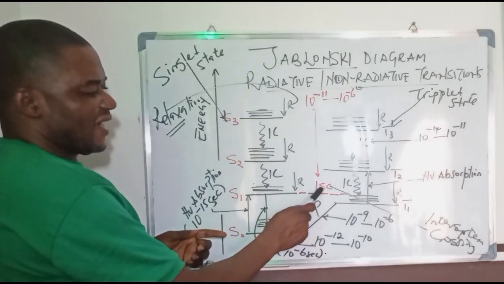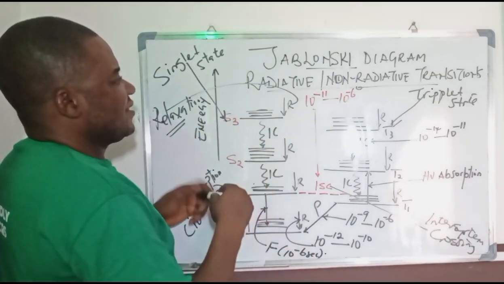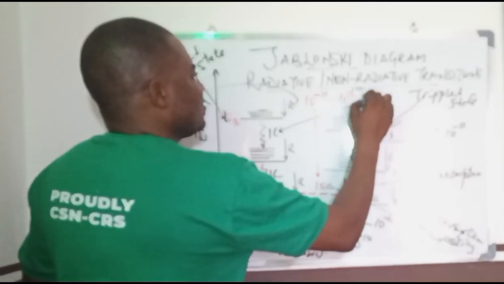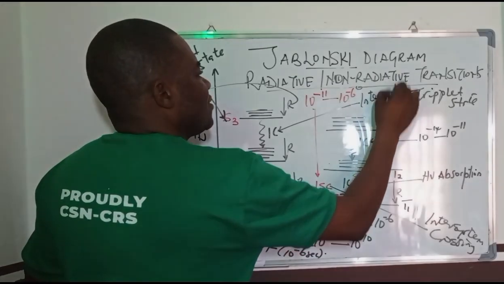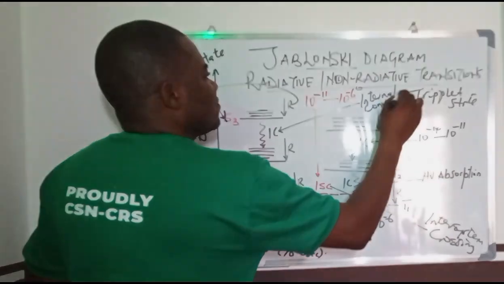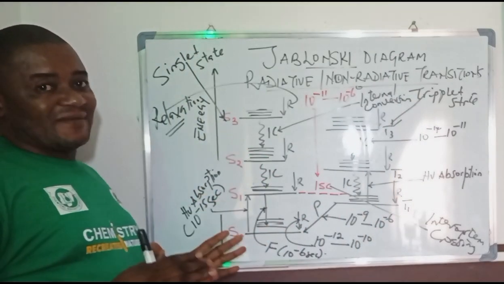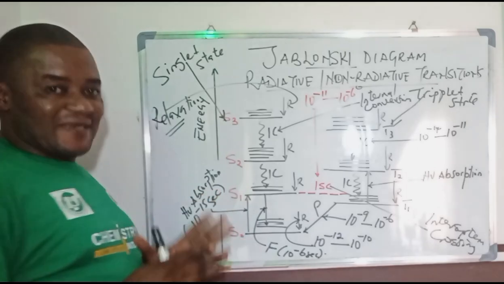Intersystem crossing, ISC. And the IC is simply described as internal conversion. Okay, so I want us to understand what these abbreviations written here mean.